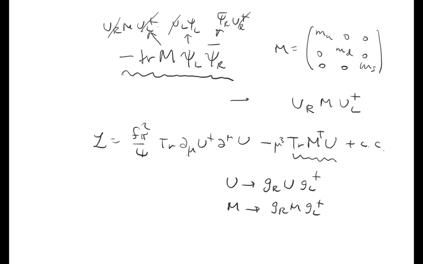Then this is the only way you can put in the correction due to the finite mass of quarks into the chiral Lagrangian to be consistent with the symmetry properties.